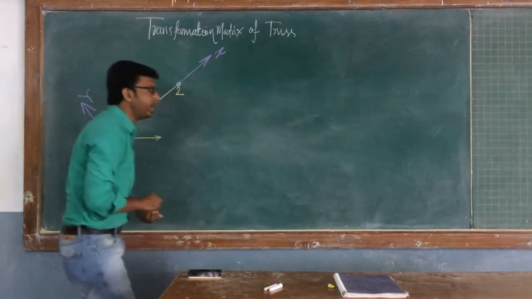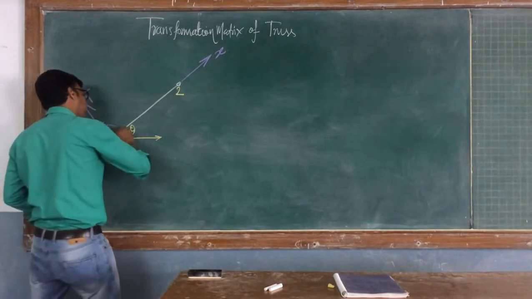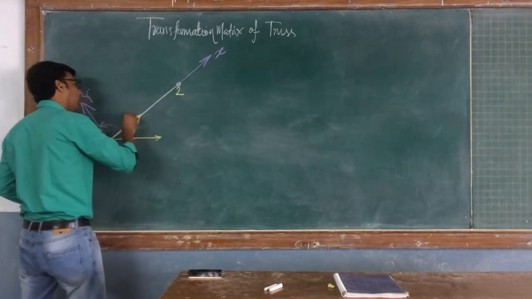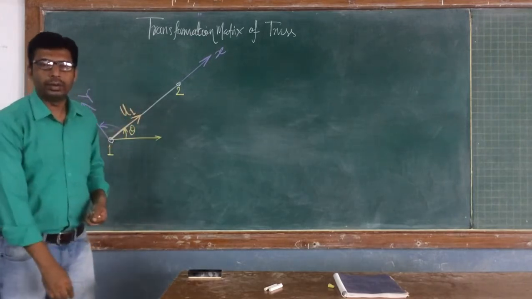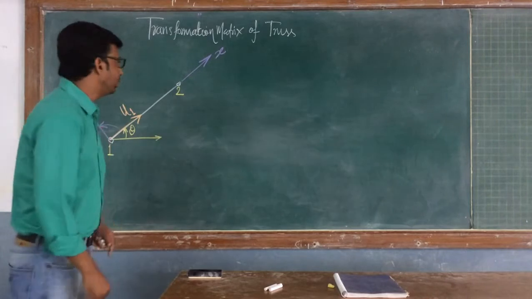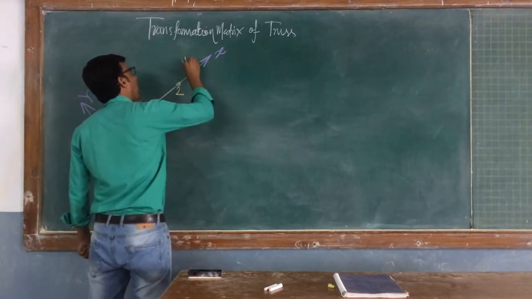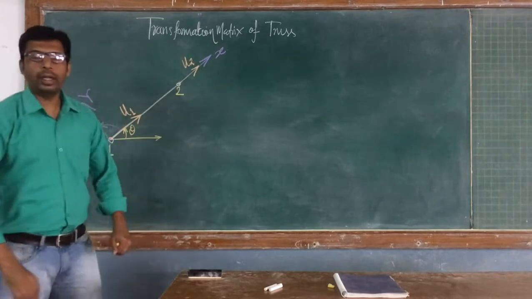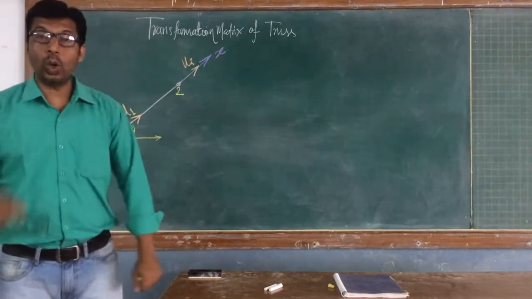So the displacement at joint number 1 along the bar is U1 at node number 1, and U2 at node number 2. So U1, U2 are the local unknowns.